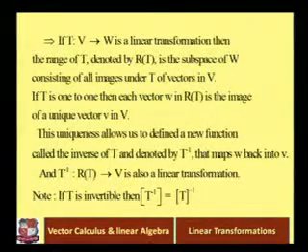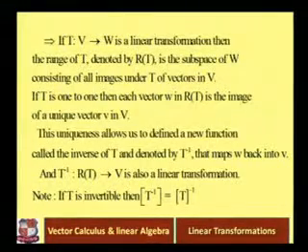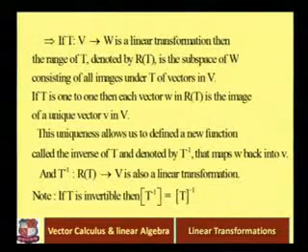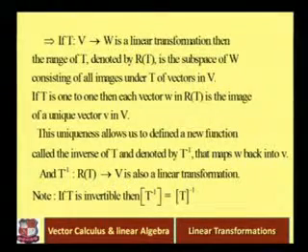And one note here: the standard matrix for T inverse is exactly the inverse of the standard matrix of T. We will use this note in some examples. So just mind it that the standard matrix for T inverse is exactly the inverse of the standard matrix of T if T is invertible.